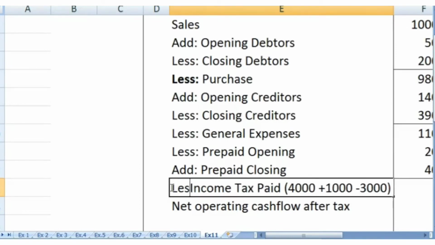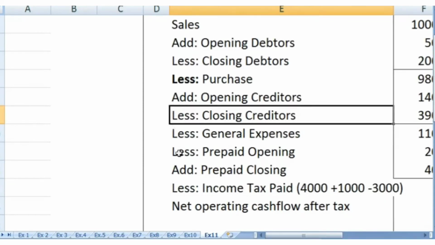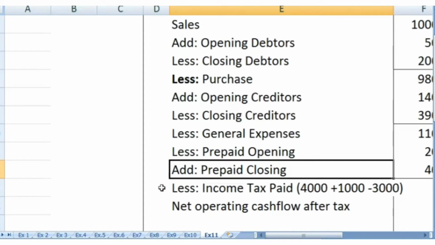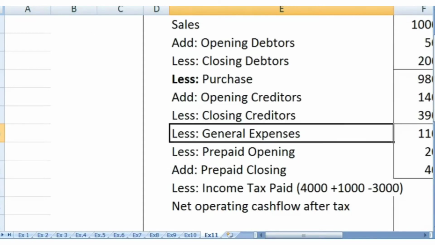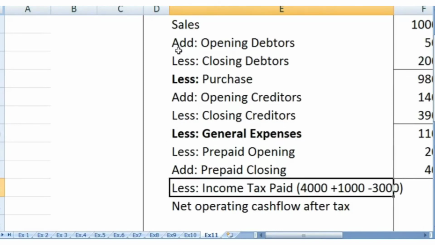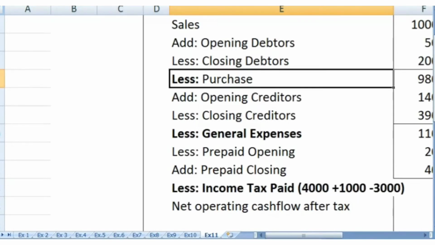All these three items are deducted from the income. Less purchase, less general expenses, and less income tax. All these three items we deducted.